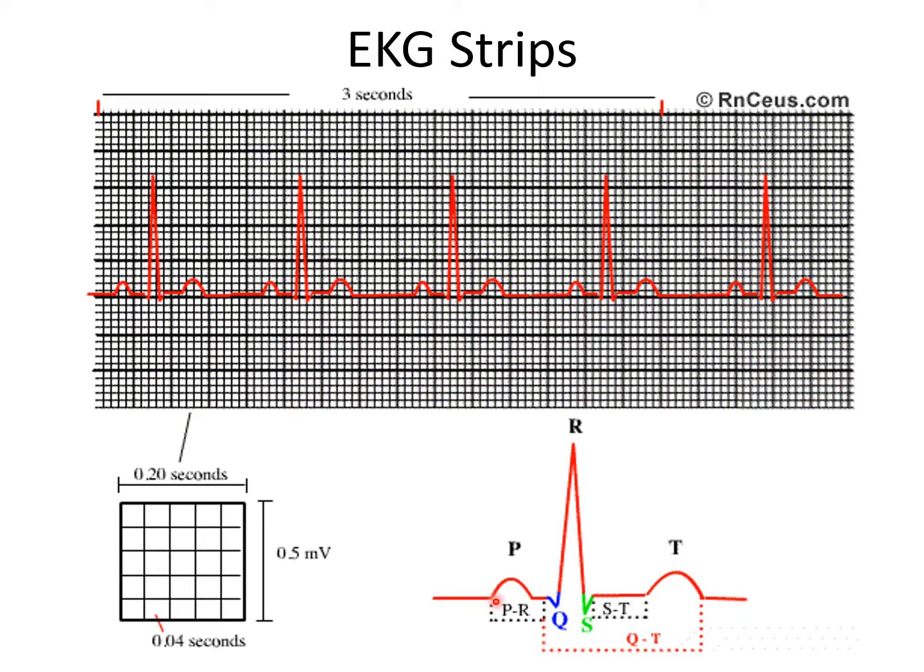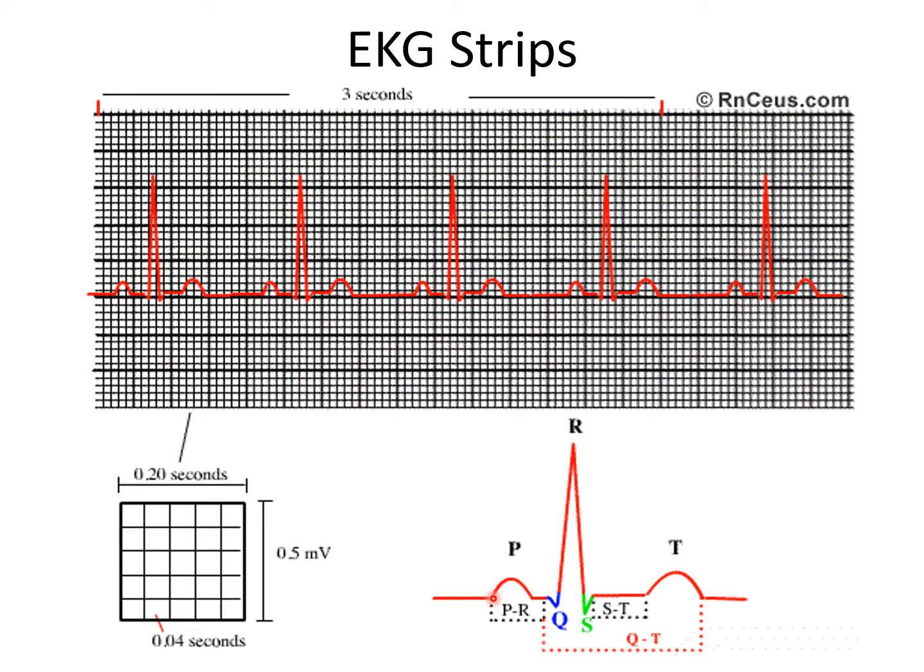So this duration from here to here, straight across, is referred to as your PR interval, and it indicates the atrioventricular conduction time. Okay, normal duration time for the PR interval is 0.12 to 0.20 seconds. In other words, we do not want it to be longer than 0.2 seconds. Okay, when it's greater than 0.2 seconds, we say that it is prolonged.